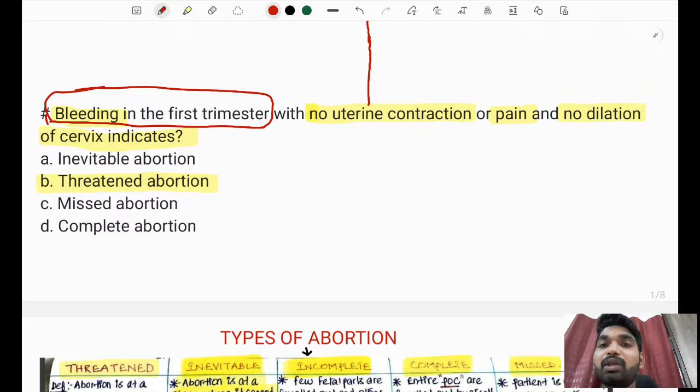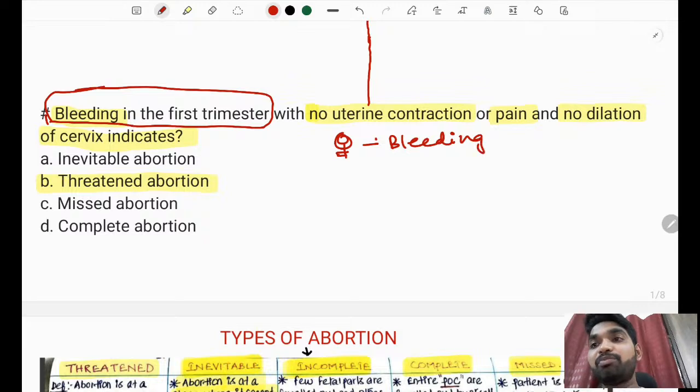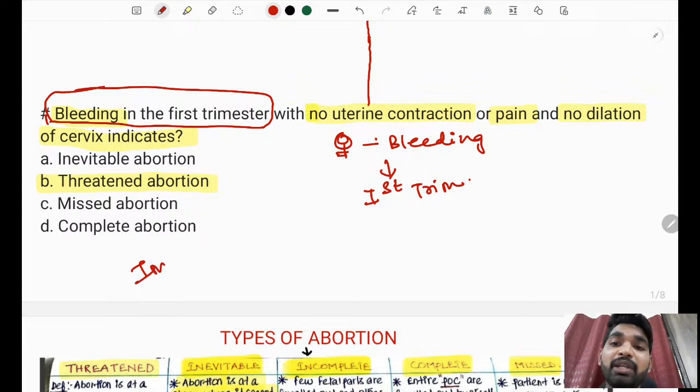Let me tell you. If any pregnant woman comes to you with complaints of bleeding in the first trimester, have you heard about a word called implantation bleeding?